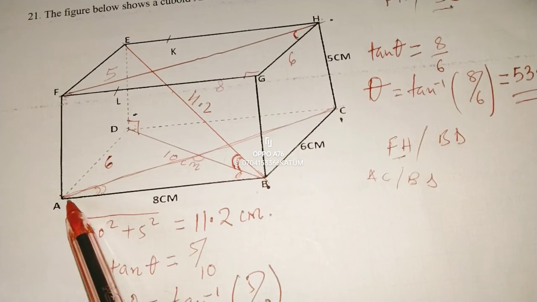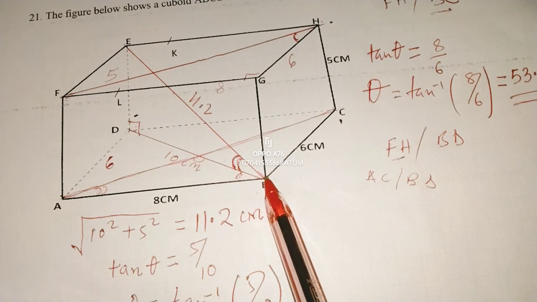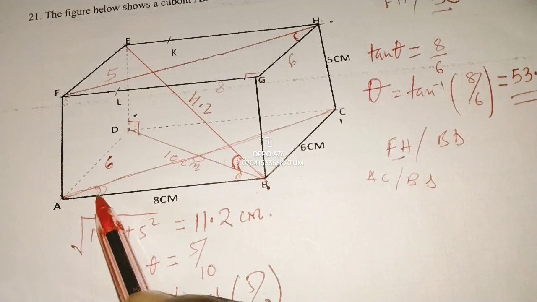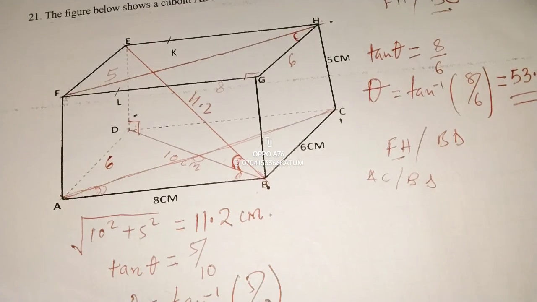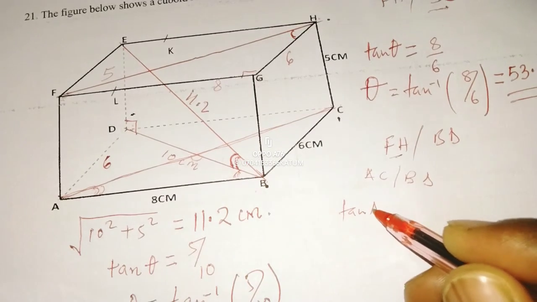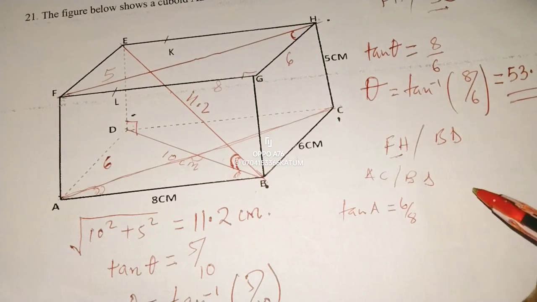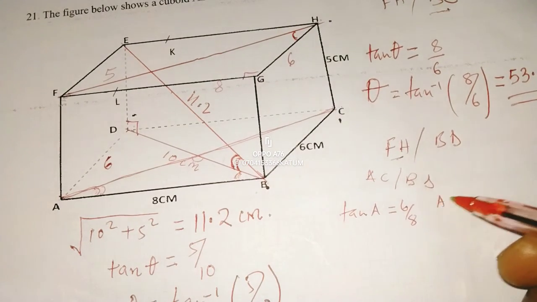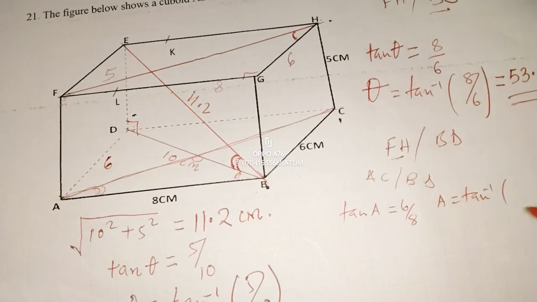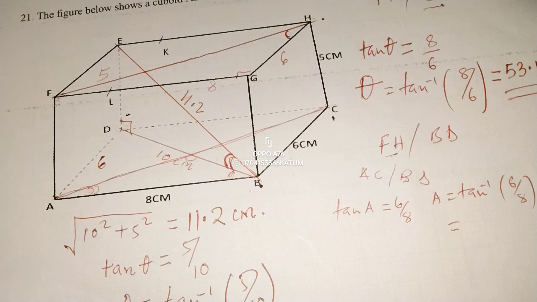Therefore, we're going to start with the angle here. When we have 6, and we also have BC here, which is 6. This is 8, sorry. So we're going to apply tangent, whereby we say the tan of this angle here, the angle at A, is going to be 6 out of 8, which means that the angle itself is going to be the tan inverse of 6 over 8.